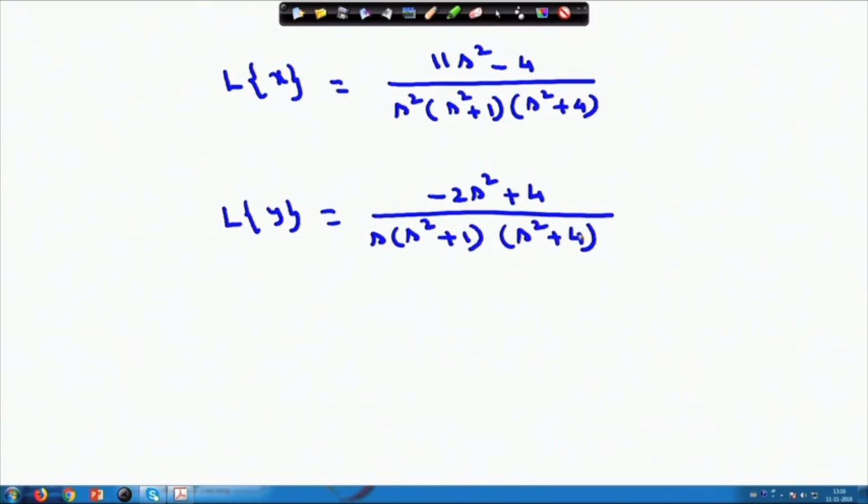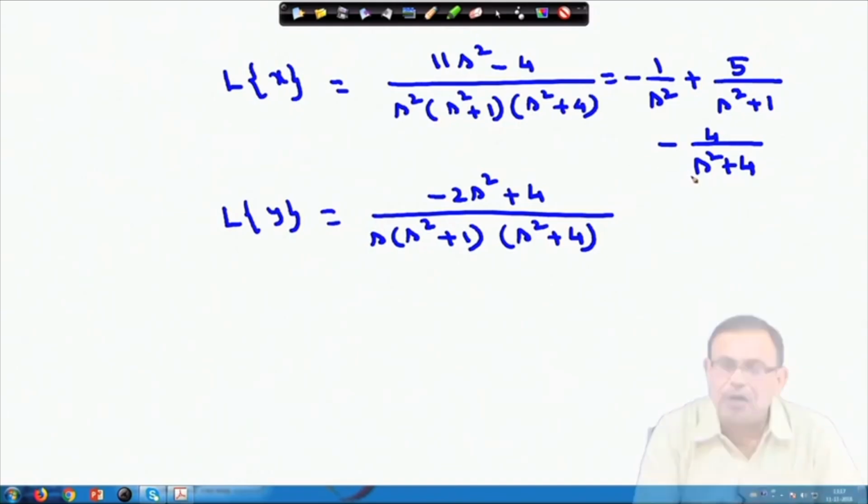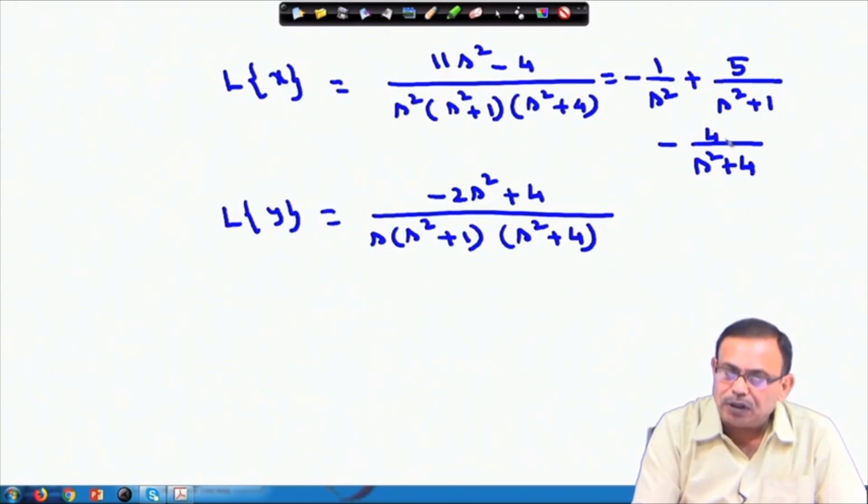Now Laplace transform of x and Laplace transform of y can be broken. If you break it, this will become minus 1 by s square plus 5 by s square plus 1 minus 4 by s square plus 4. Please note that I am not explaining all these things, because they have been covered earlier, so please check whether the calculations are correct.